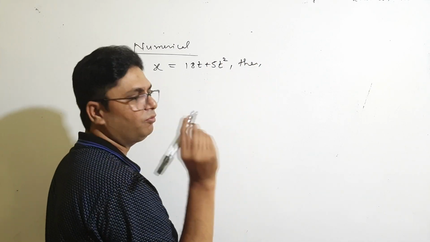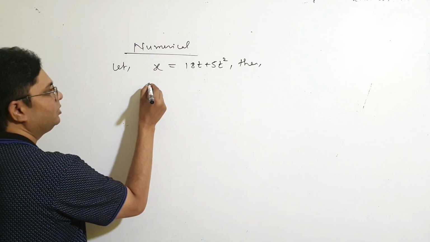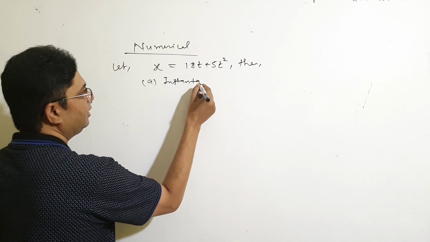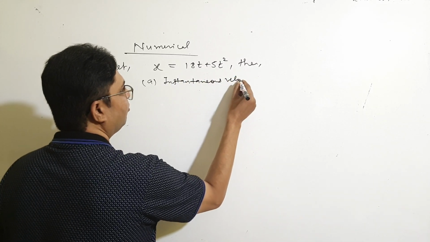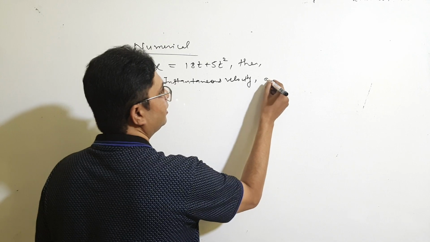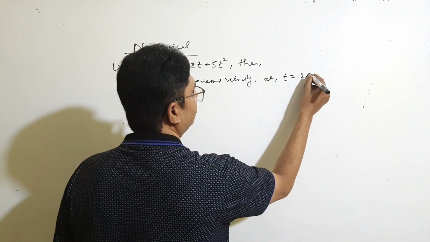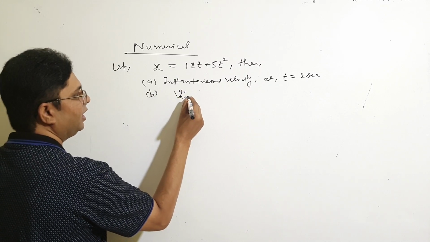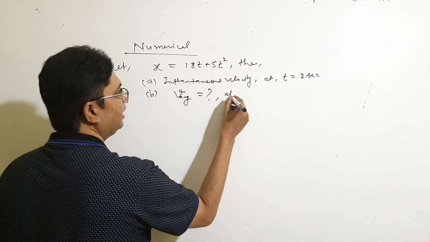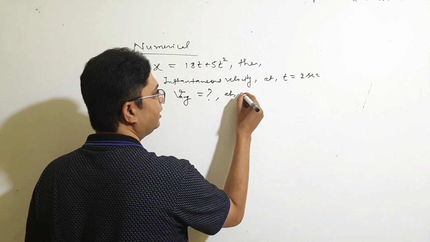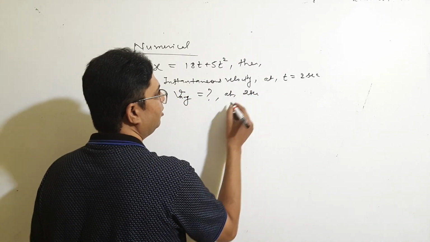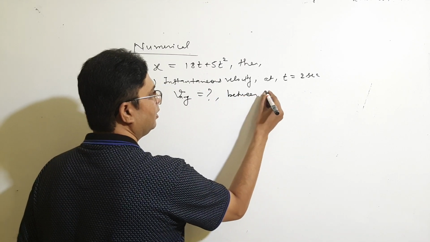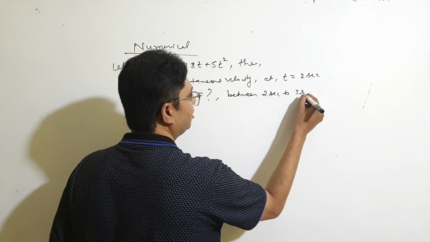Then you have to find instantaneous velocity, number A, instantaneous velocity at time t equals 2 seconds. And number B, you have to find average velocity at time interval, not at 2 seconds, but between 2 seconds to 3 seconds.